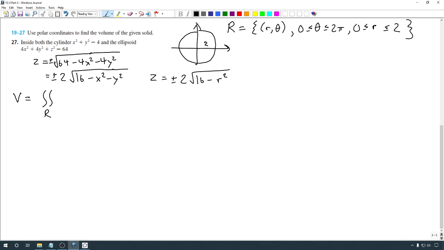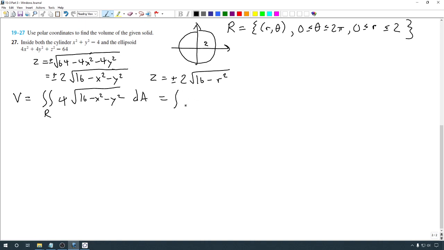So this minus the negative version of it ends up doubling. In fact, let's go ahead and use this formula here. So we're doubling that 2 to get 4. Then we have 16 minus x squared minus y squared dA.